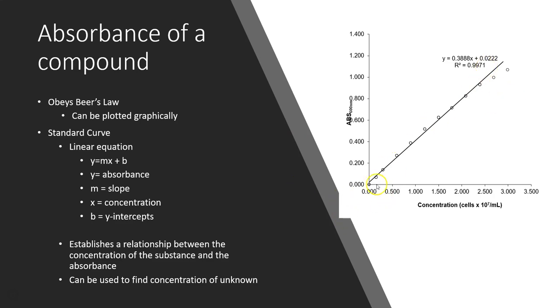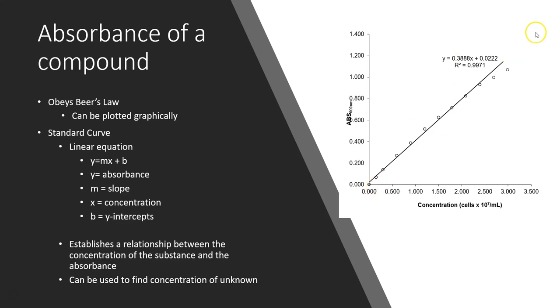Once we have the linear range of a particular curve, we can use it to create a trend function and a standard curve linear equation, a y equals mx plus b equation. The regression squared of a linear trend function should be very close to 1. That will show you that it was a precise standard curve. The equation establishes a relationship between the concentration and the absorbance of the samples you were looking at, and can then be used to find the concentration of unknown samples.